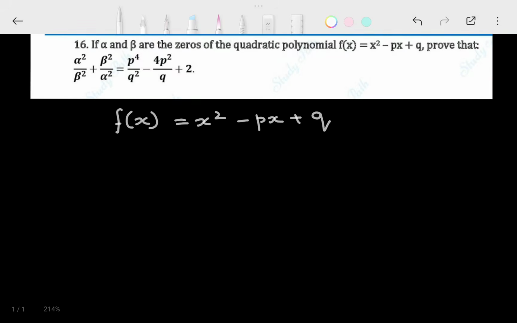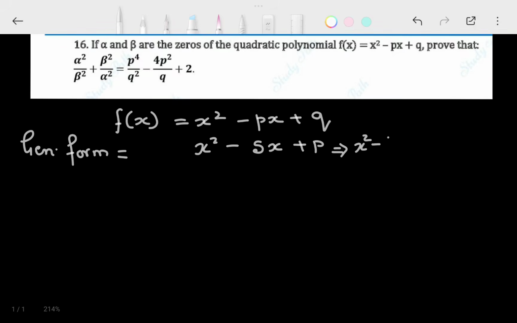So we already know the general form of quadratic equation. General form is x square minus sum of the zeros x plus product of the zeros. So this can be written as x square minus (alpha plus beta)x plus alpha beta.